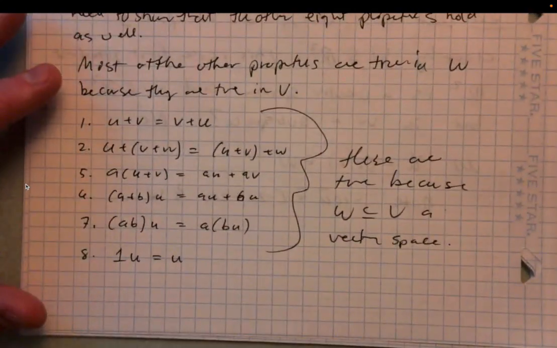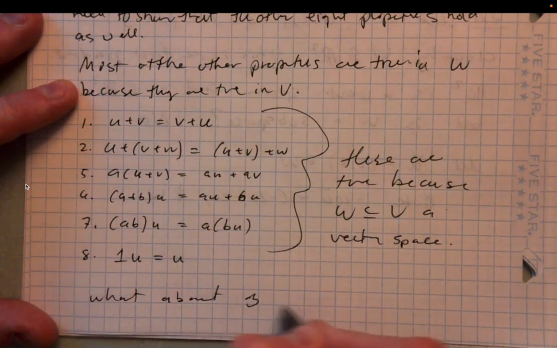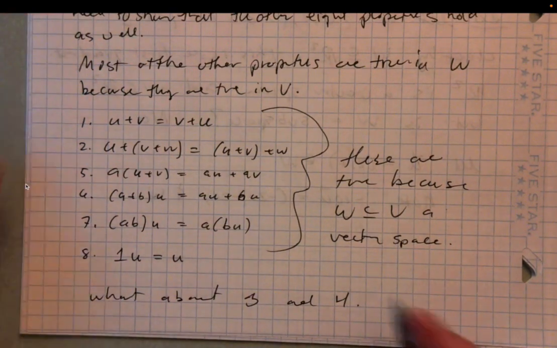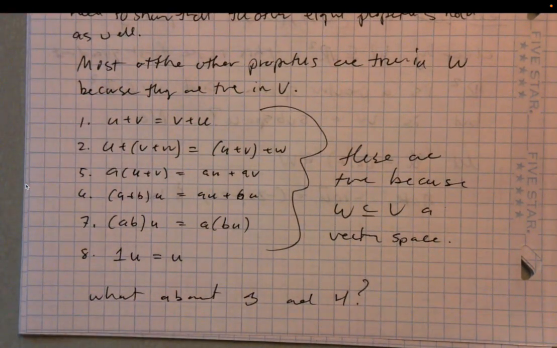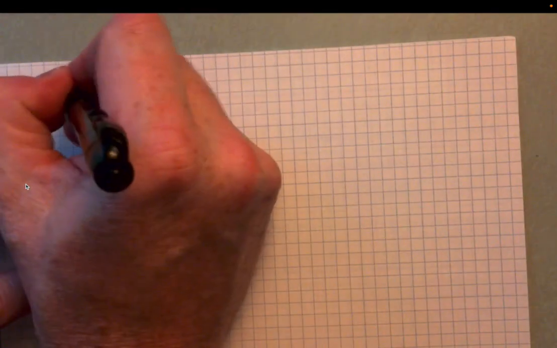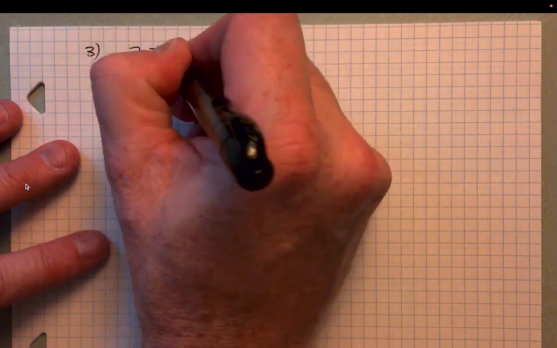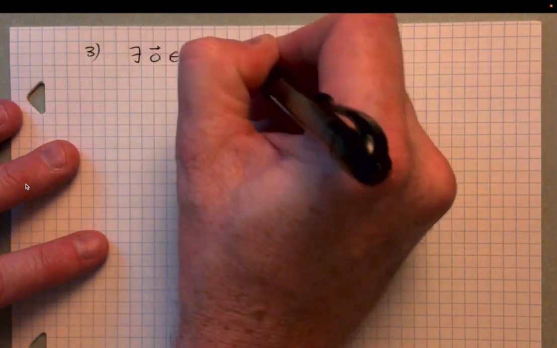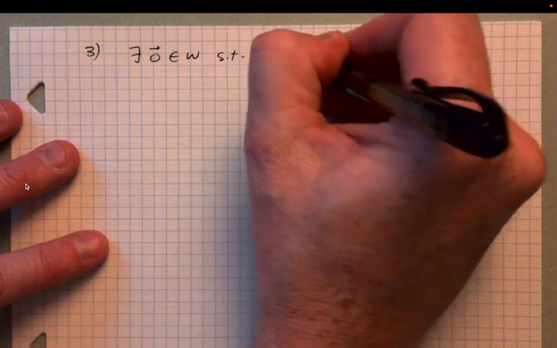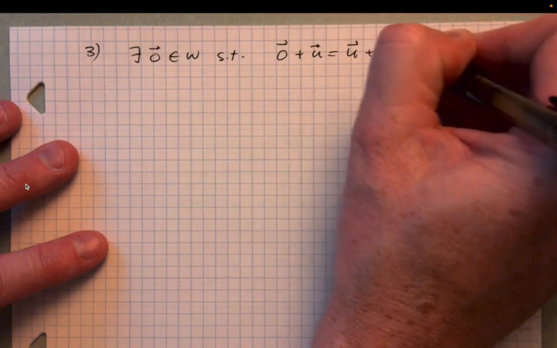What about 3 and 4? Let's talk about 3 and 4. We have to be a little bit more careful with these. Remember, 3 says there exists the 0 vector in W such that 0 plus u equals u plus 0 equals u.